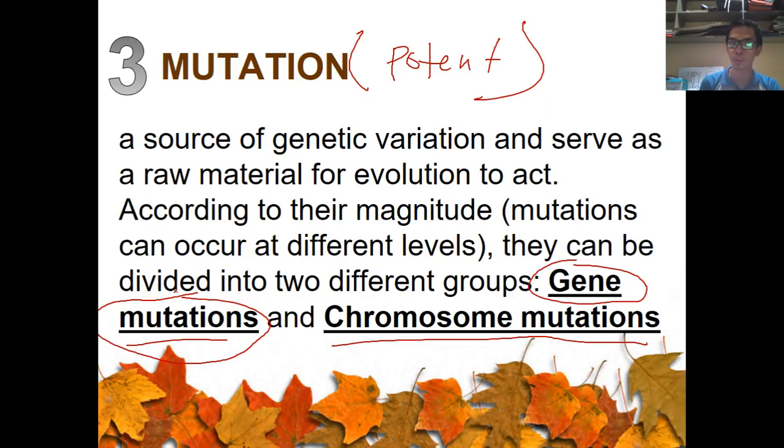That 2% difference is what somehow created us to become human and created them to become chimpanzees. So mutations are a very important ingredient in evolution. Mutation happens in DNA and in chromosomes.